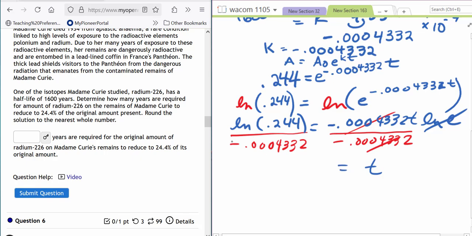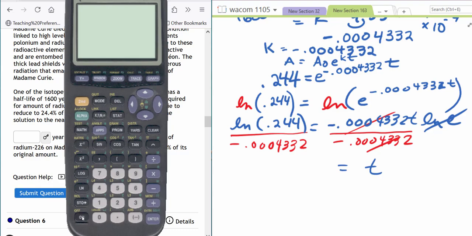This will go into our calculator. So we'll clear just to be careful here. Natural log 0.244, close. I'm going to go ahead and just hit enter. Divided by negative 0.00043332.